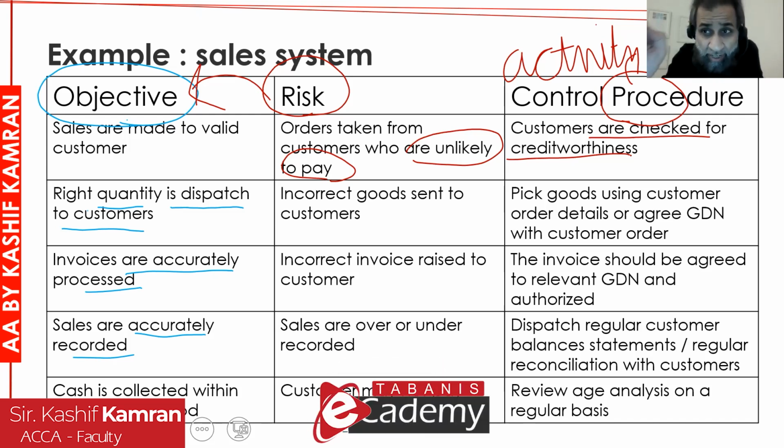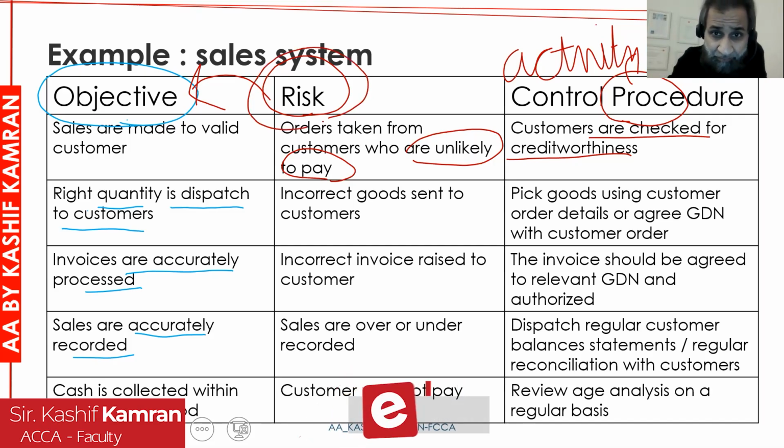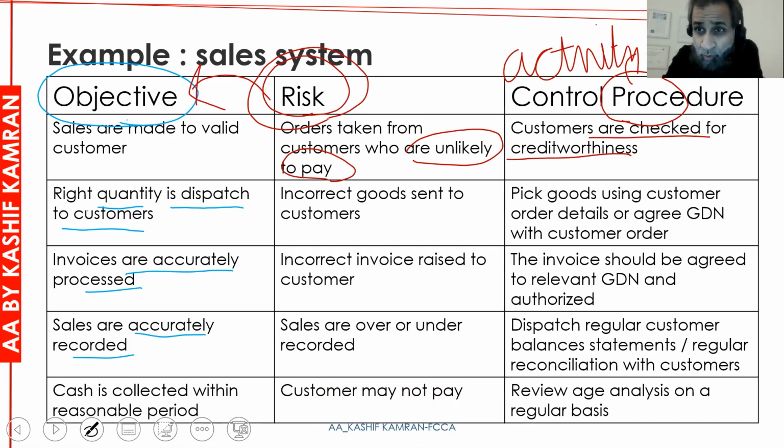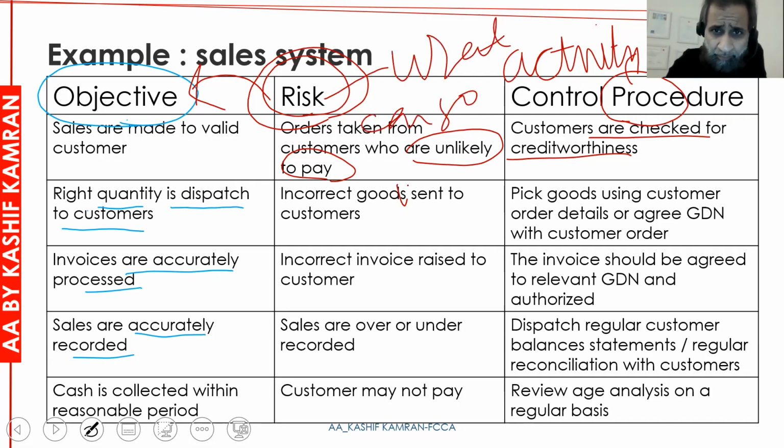But if you're not checking customers beforehand, you have a risk that you might take on a customer who fails to pay later. So when you define your objectives, you need to think about what can go wrong. So sales are made to valid customer. Risk, what can go wrong? And then a procedure, how to overcome the risk.